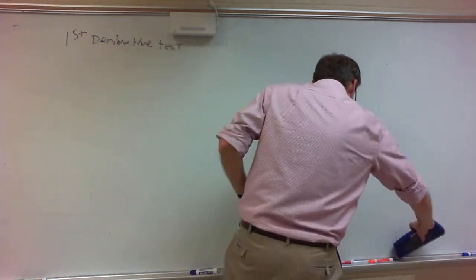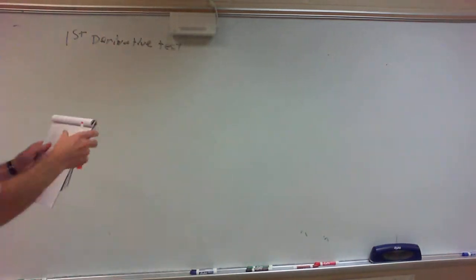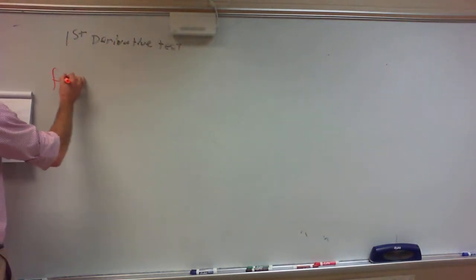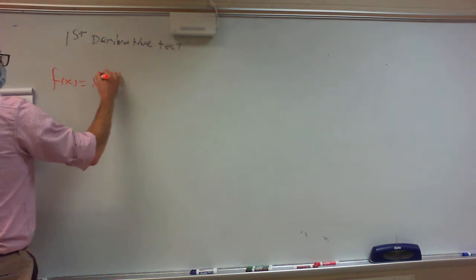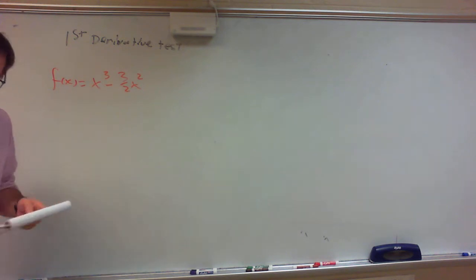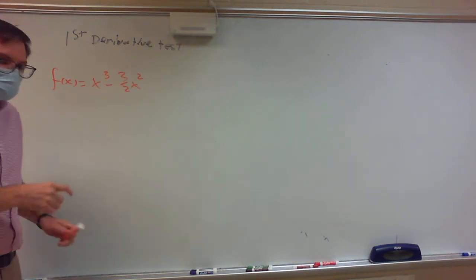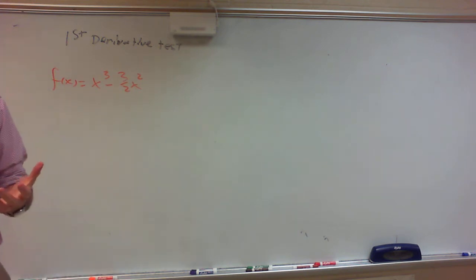here. So we're going to start with a function, because we always start with a function. So I'm going to start with f of x is equal to x cubed minus 3 over 2 x squared. Now, as far as your first derivative test goes, there's going to be two things we're going to be doing today.